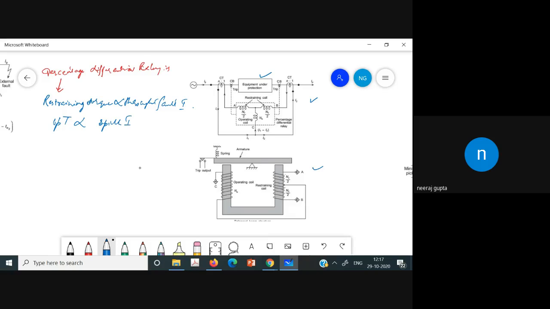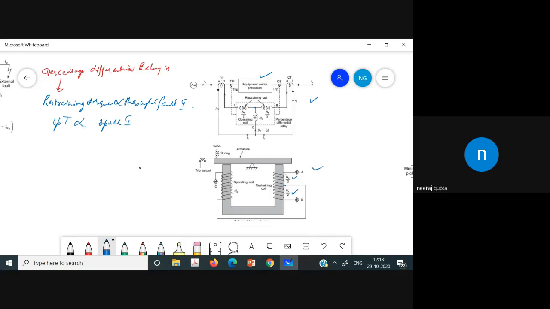The restraining coil is tapped at the center, connecting here A and B, forming two equal sections, with the number of turns nr divided by 2 and nr divided by 2.